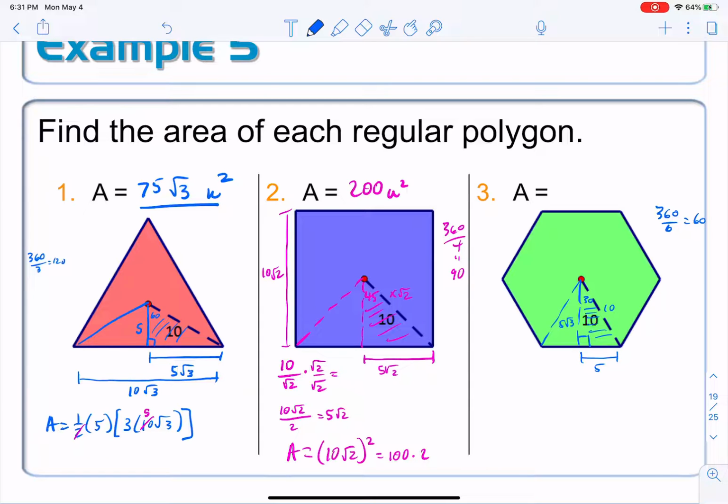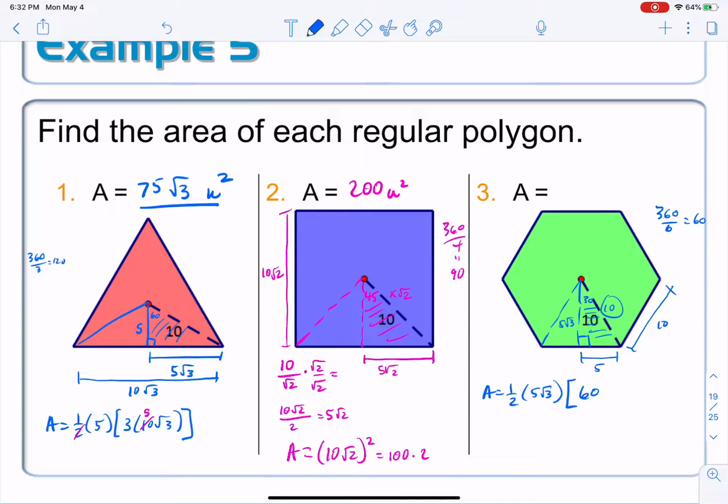Once again, I have enough information in order to solve our area formula. 1/2 of the apothem, which is 5 times the square root of 3, times the perimeter. Well, I only have the little side length here. If I double that, I get 10. Remember, that's the same as the radius, which means that 10 times 6 is 60.